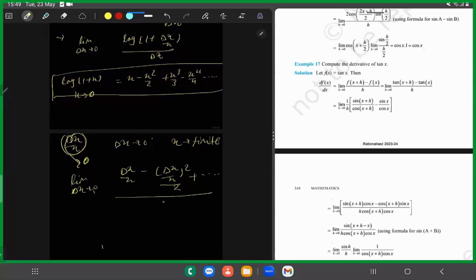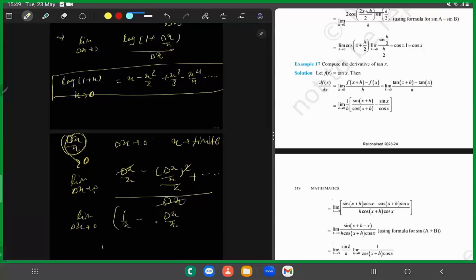And this is upon delta x. So we can cancel delta x from delta x, and we are finally left with limit delta x tending to 0 of 1 by x minus delta x by x.